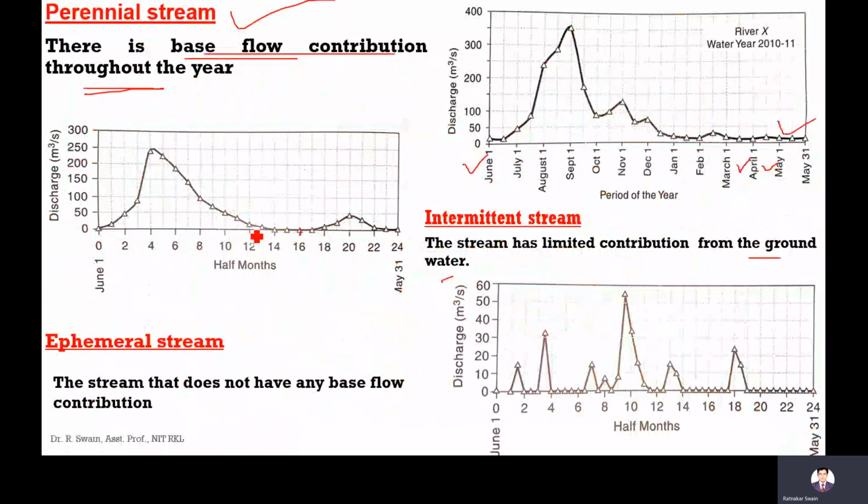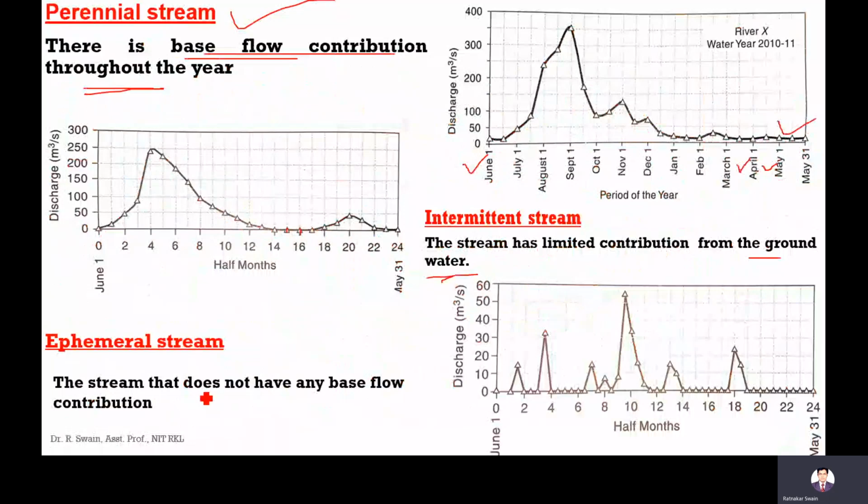Even if there is no rainfall, there is some limited contribution during these periods. But during the summer season there is no contribution. So there is limited contribution of groundwater.